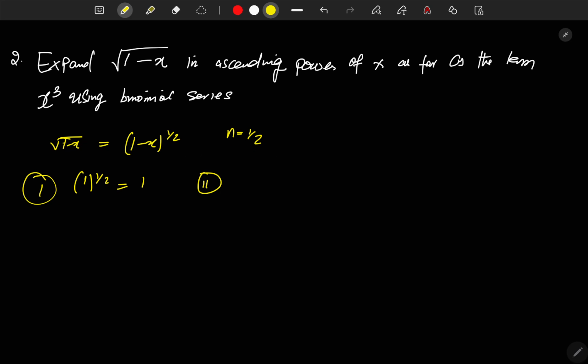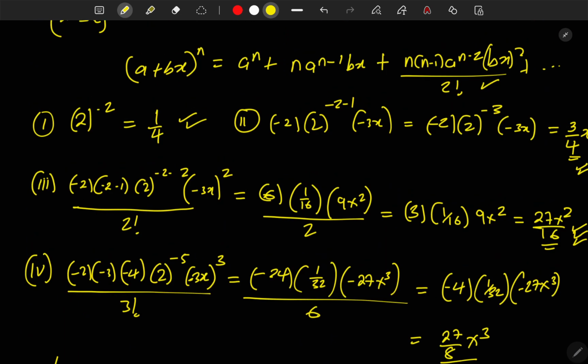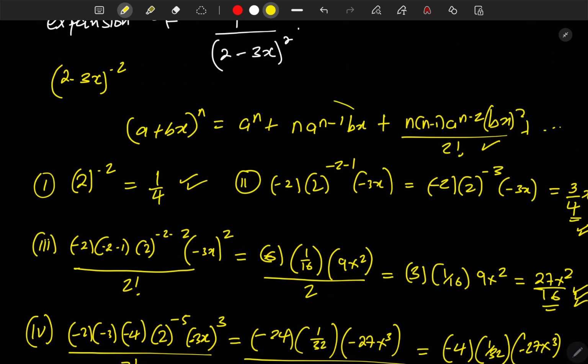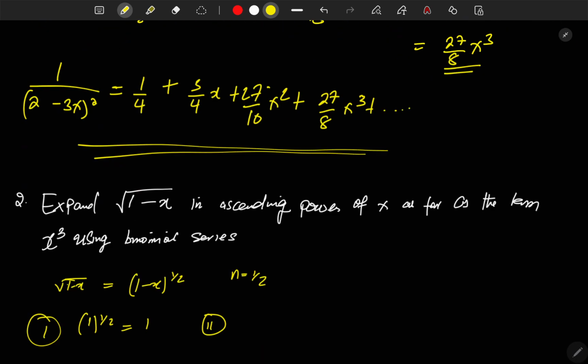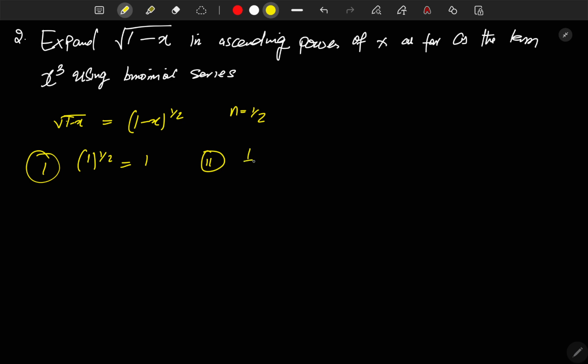Next, our second term. n is half, a is 1, the power is n minus 1, so half minus 1, then bx. Our bx here is just negative x.